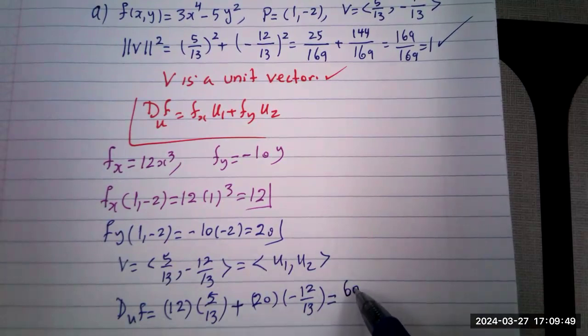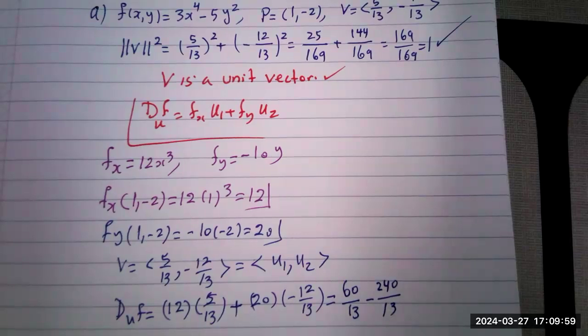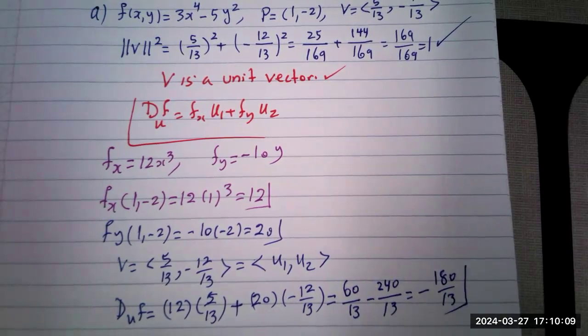So that's going to be 60 over 13, minus 240 over 13. Okay, so that gives you negative 180 over 13, and you're done. Remember, the result must be a number, not a vector. So this is it.